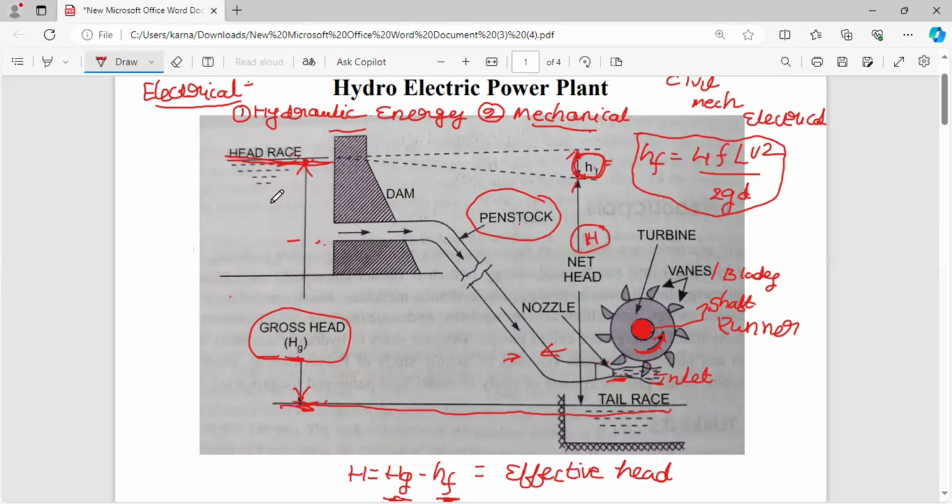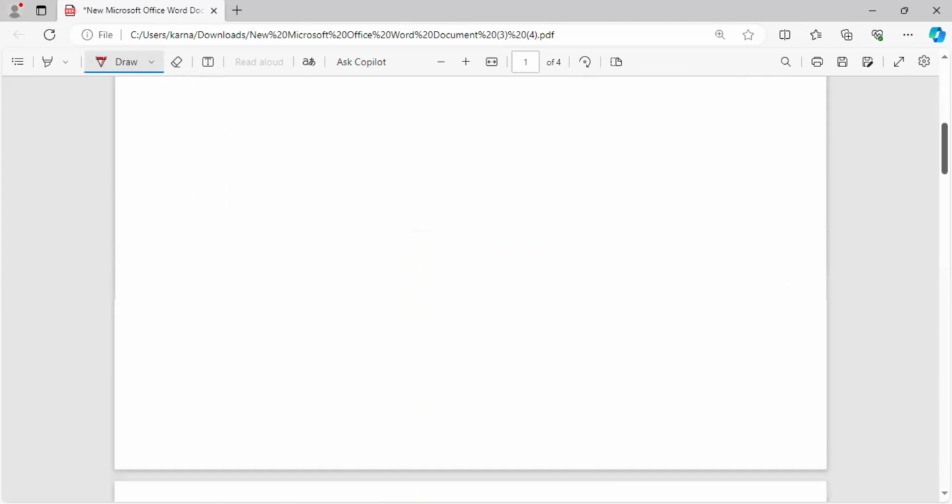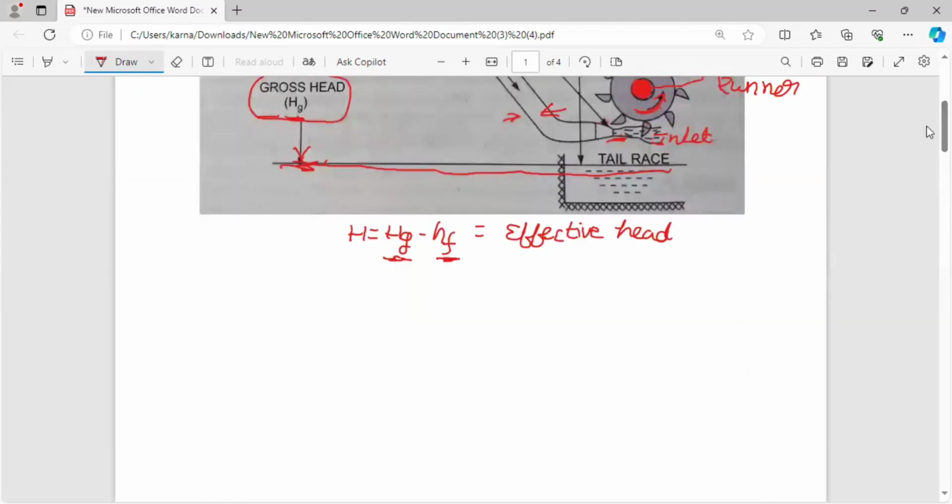So finally, reviewing from the competitive examination point of view, what is the sequence of order in the hydroelectric power plant? Initially, the catchment area will be there. After that, the reservoir. After that, the dam. After that, the penstock pipe. On the penstock pipe, the surge tank is there.